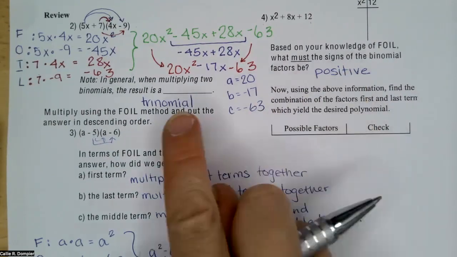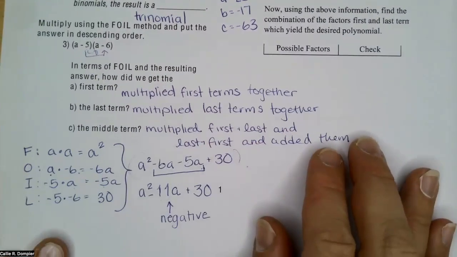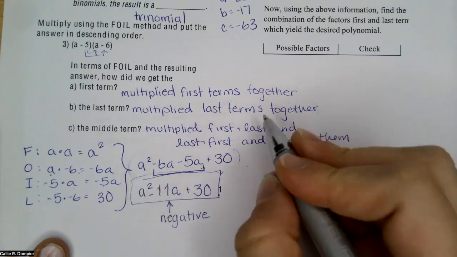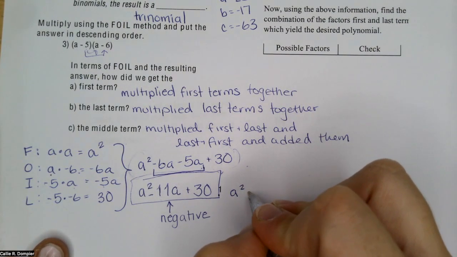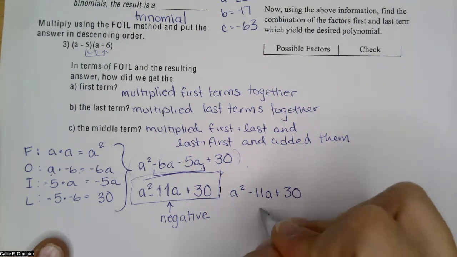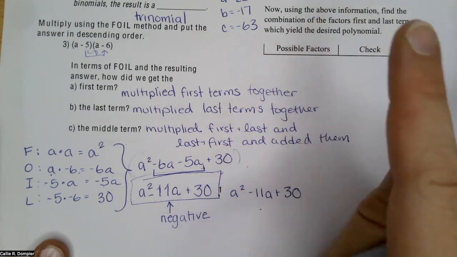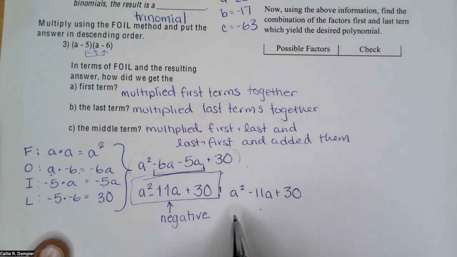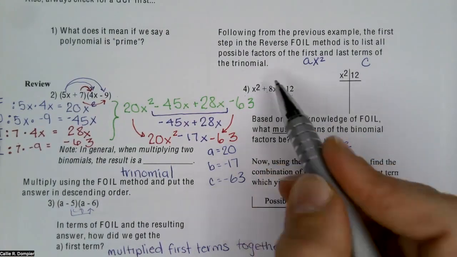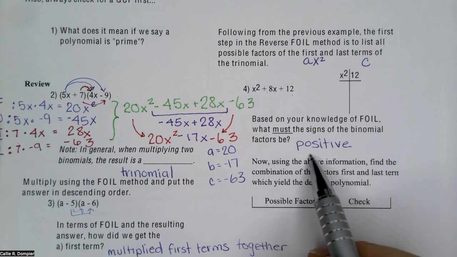If they ask you about the signs of the binomial factors of a squared minus 11a plus 30, you would say that the signs of the binomial factors must be negative because this 11 is negative. Okay, because that 8 is positive, the signs of the binomial factors must be positive.